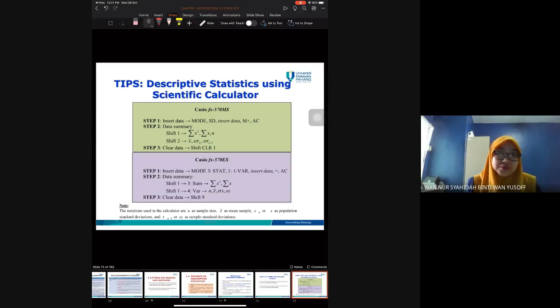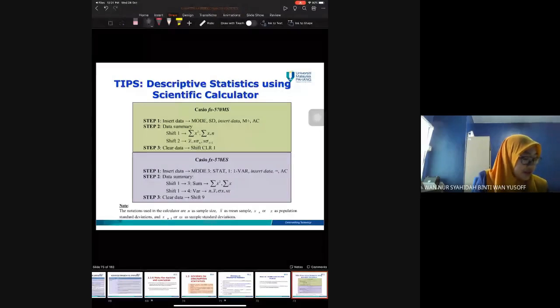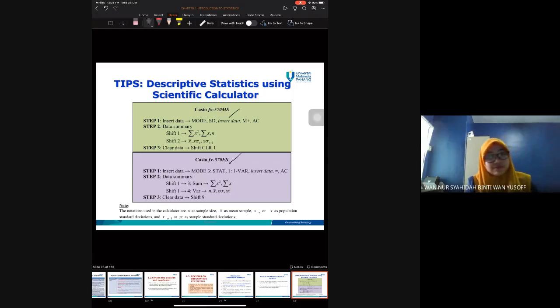So you should practice how to use your calculator, especially for the mean, variance, and standard deviation. We have the steps for these two kinds of calculator. If you have a different one, then you should Google.